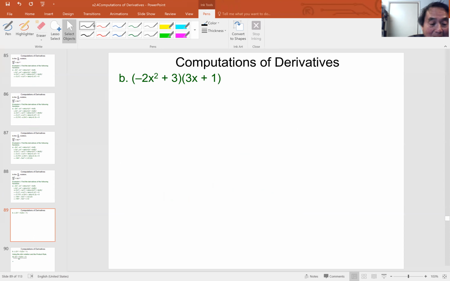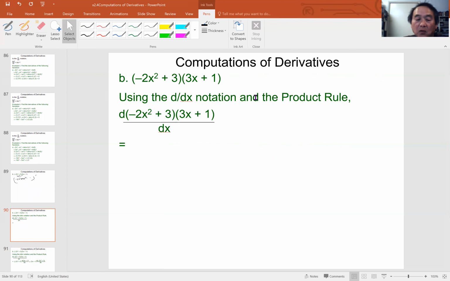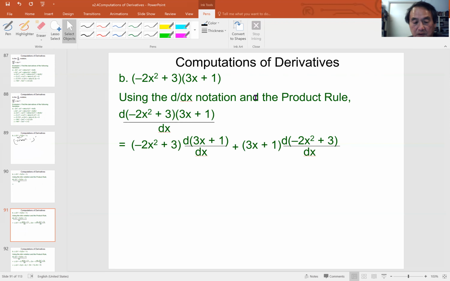Now the product rule. There are two ways we can do this. We can expand and multiply it out, which gives minus 6x cubed plus minus 2x squared, etc., and take the derivative of that. Or we can use the product rule: d dx of f times g prime, the derivative of the other factor, then g times f prime.